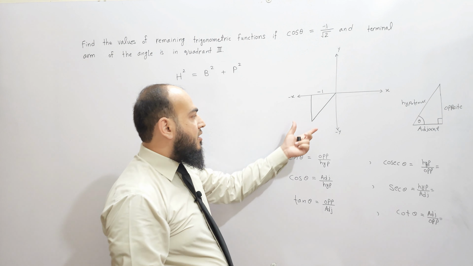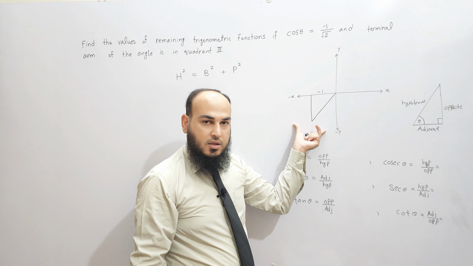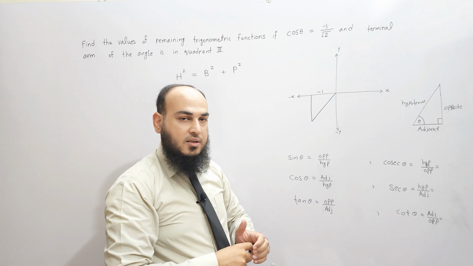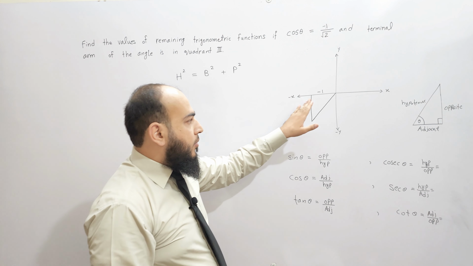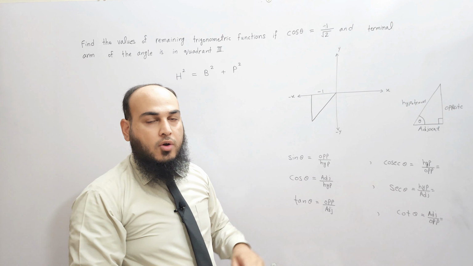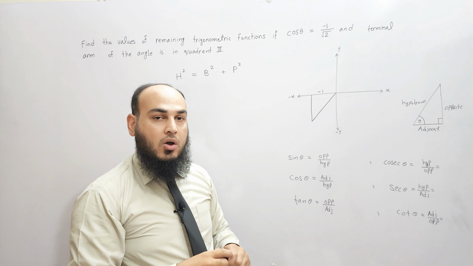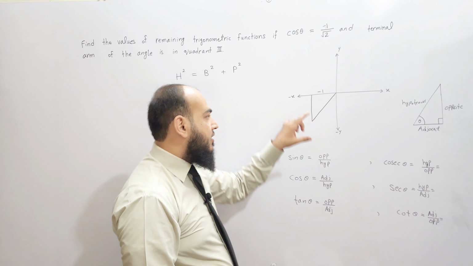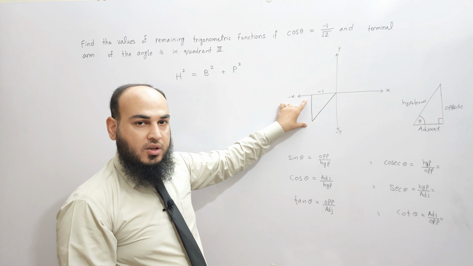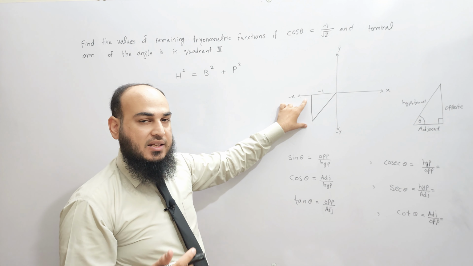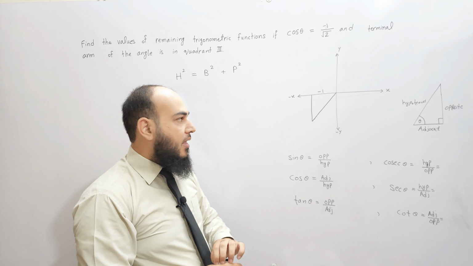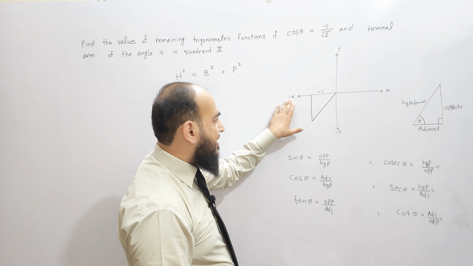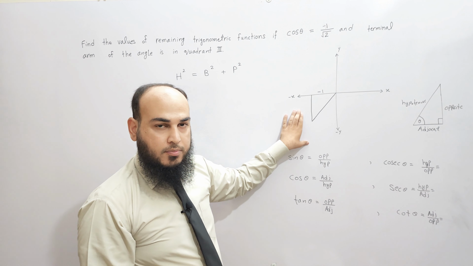Okay, in quadrant number 3 you must keep one point in your mind, that the adjacent side of the right angle triangle always lies on the x-axis, and the opposite side of the right angle triangle always lies on the y-axis. That is why we have to check in quadrant number 3, here x is negative and y is negative.